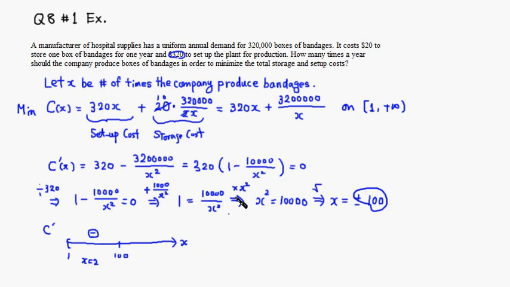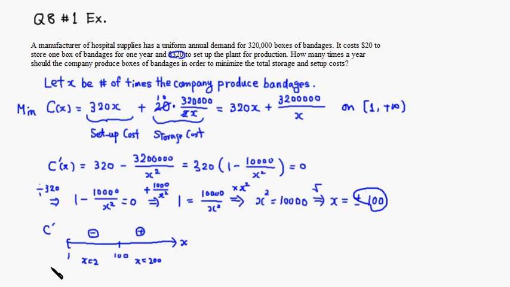After that we can try something bigger than 100, like 200. 10,000 over 200 squared would be 1 fourth, so it's 1 minus something less than 1, which is positive.